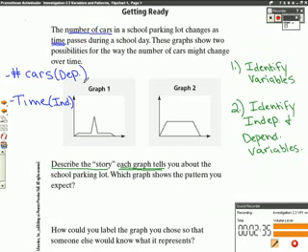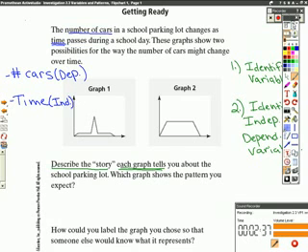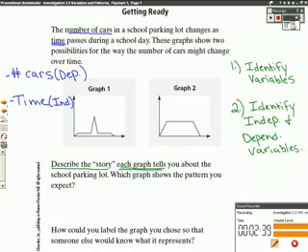All right, so what I'm going to do with that information is actually label each graph. So this is time, number of cars, time, number of cars.